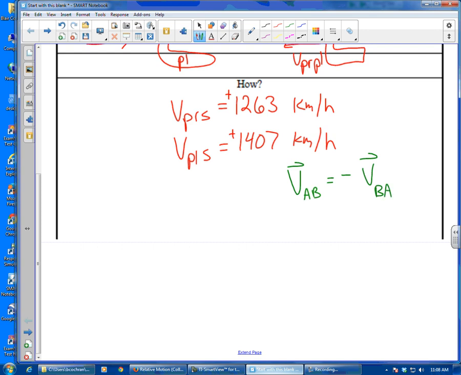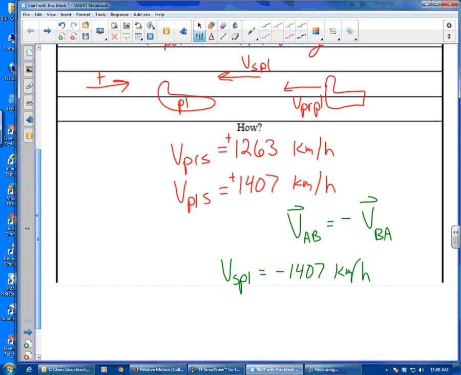And so if the velocity of the police with respect to space is positive 1407 kilometers an hour, this equation tells me the velocity of space with respect to the police is negative 1407 kilometers an hour. Doesn't change the magnitude of it, but reverses its direction. Yes? Good, so I know that one.